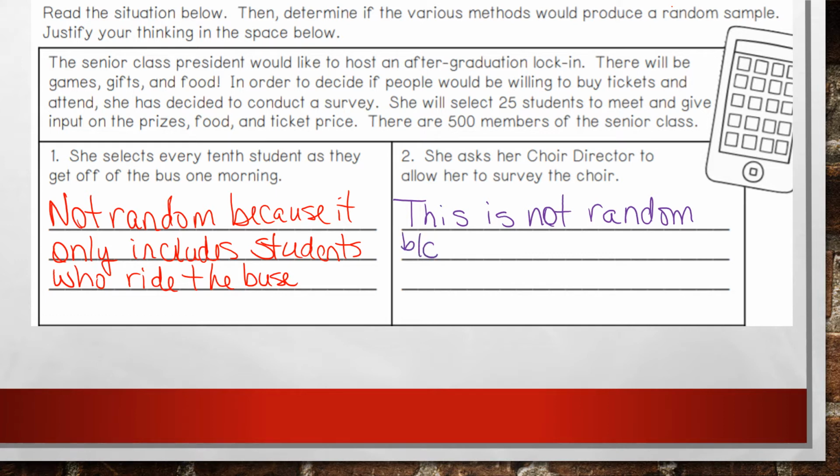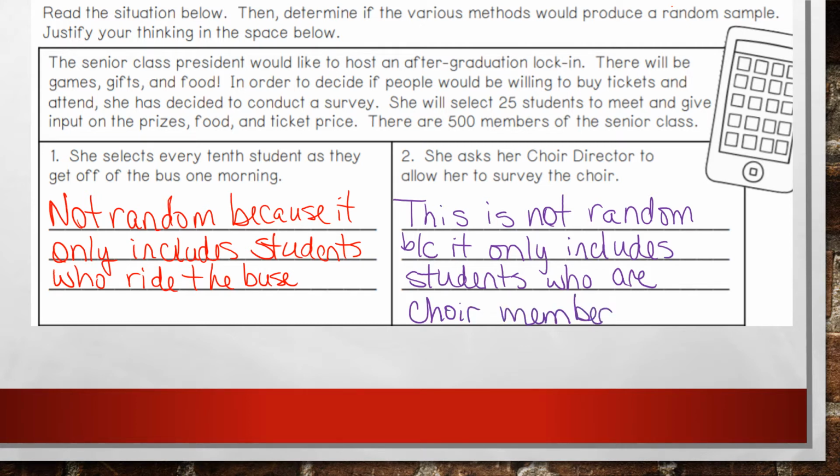So I'm just going to put BC for because. It only includes students who are choir members. Remember, in order to be random, it has to be an equal opportunity for all students.